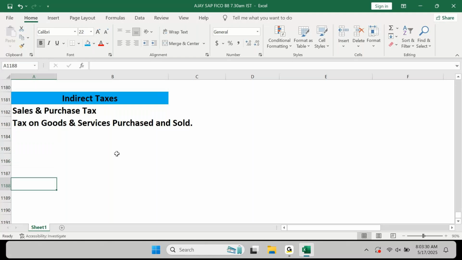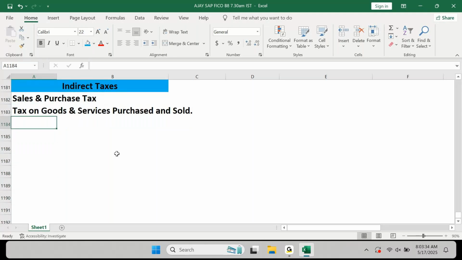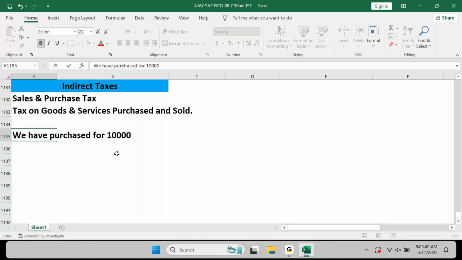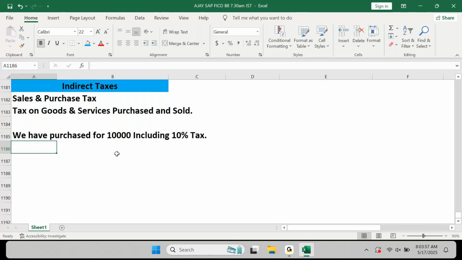Now, if you are working on this, understand, let's say we have purchased for 10,000 including 10% tax. Possible or not? Most of the time you will see MRP, maximum retail price, in brackets, inclusive of all taxes.